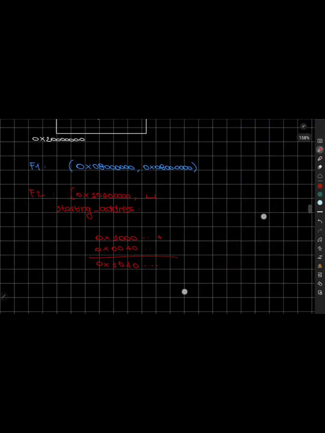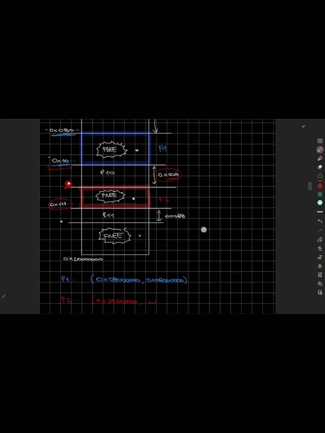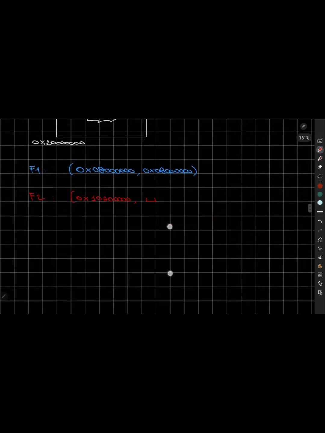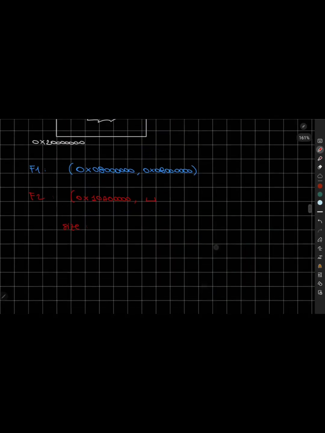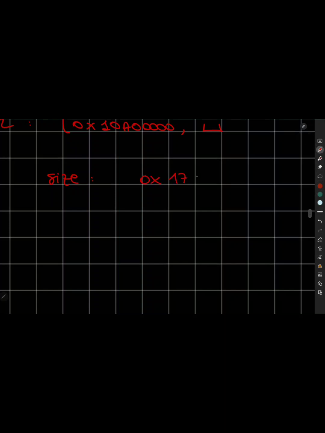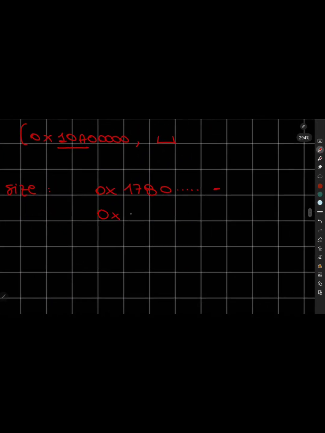And to calculate the size, we are simply subtracting, as before, the first address of the partition from the last address. So I'm going to do 0178000 minus this starting address here, 010A000.